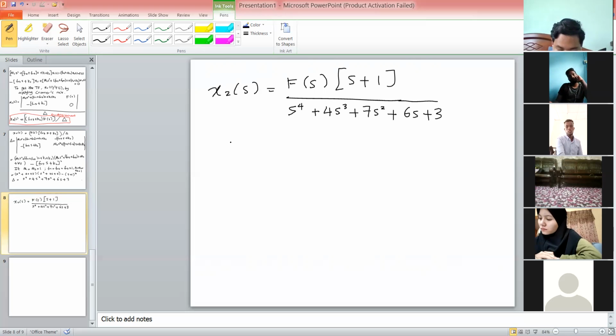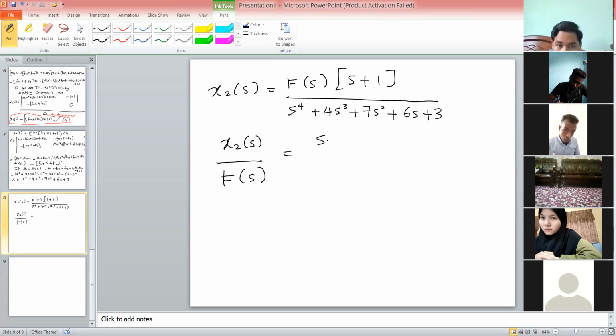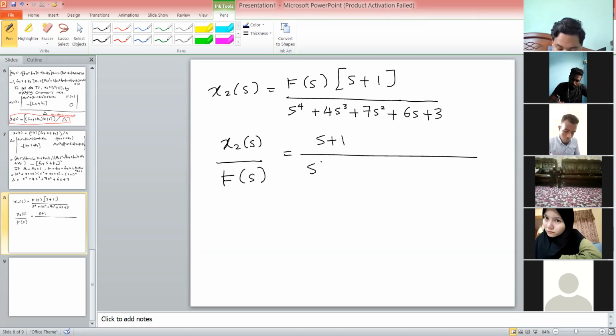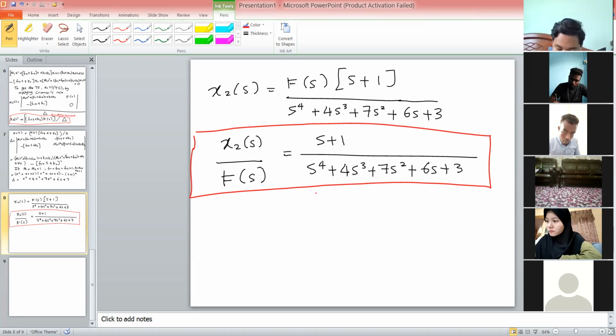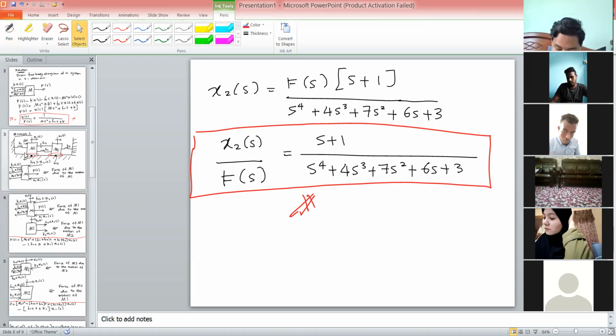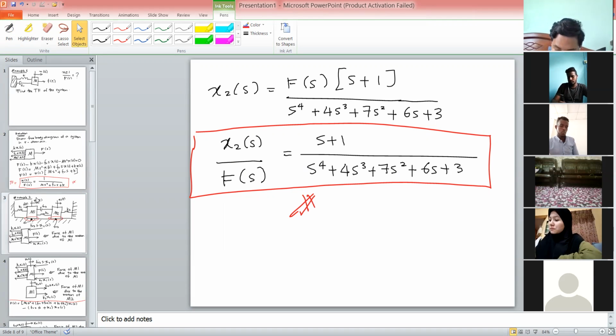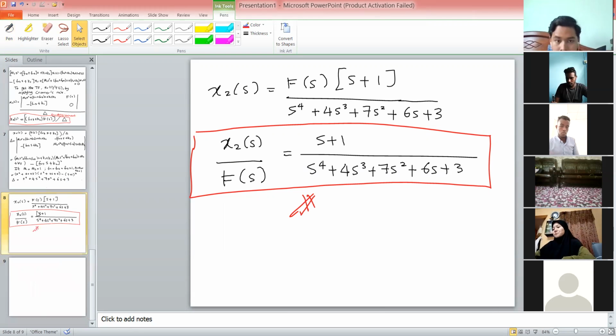So finally S2S over Fs will be S plus 1 over S to the power of 4 plus 4S to the power of 3 plus 7S squared plus 6S plus 3. This will be the answer.